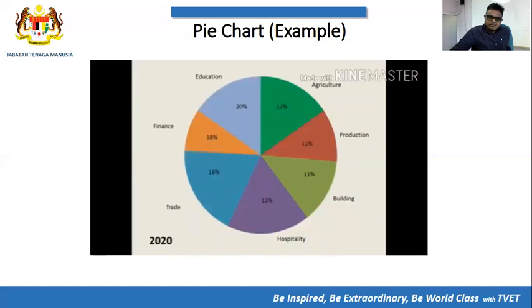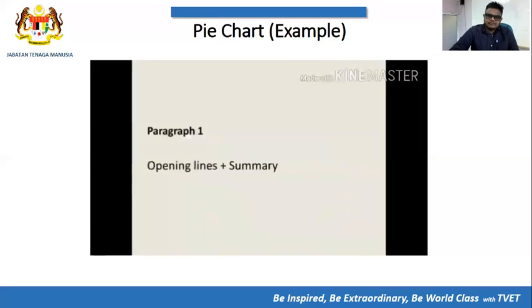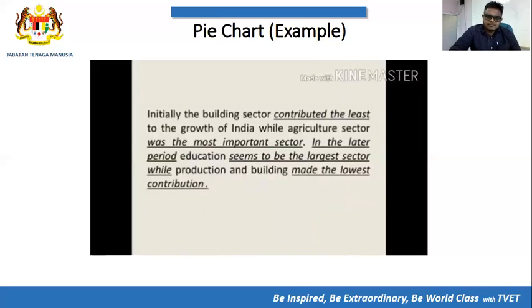And what are the slightly increased sectors? You can see finance and trade, showing around 18% and 16%. And if you talk about the least increased sector, the least is production and building.